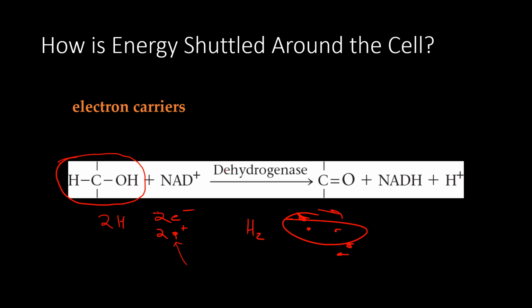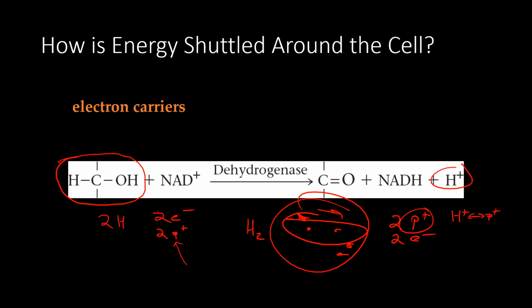So this system here is 2 protons and 2 electrons. Another way of saying a proton is a lone hydrogen atom, so H+ is interchangeable with proton. When we say H+, like you see here, that's just a lonely proton.